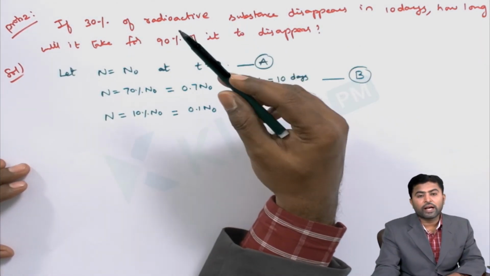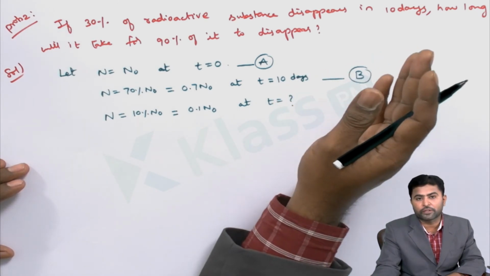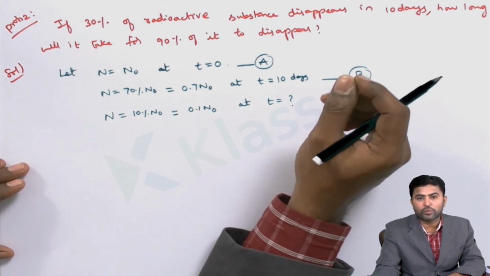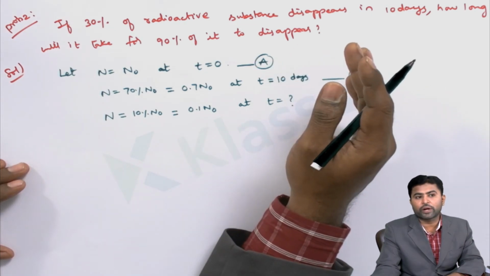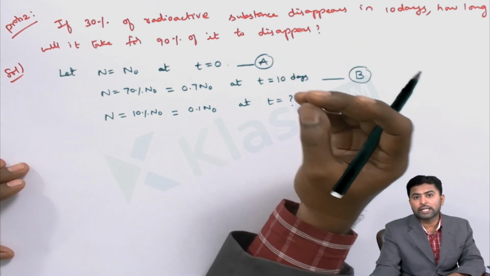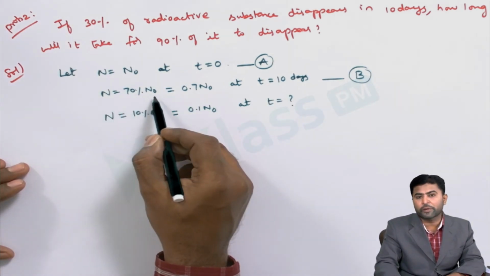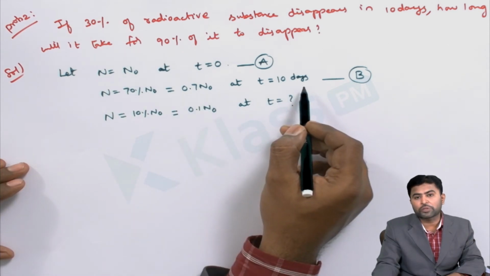It is given that 30% of the radioactive substance disappears. The initial amount is not given, so we write n is equal to n naught at time t equal to 0. Then how much remains is 70%, so n is equal to 0.7 n naught at time t equal to 10 days.